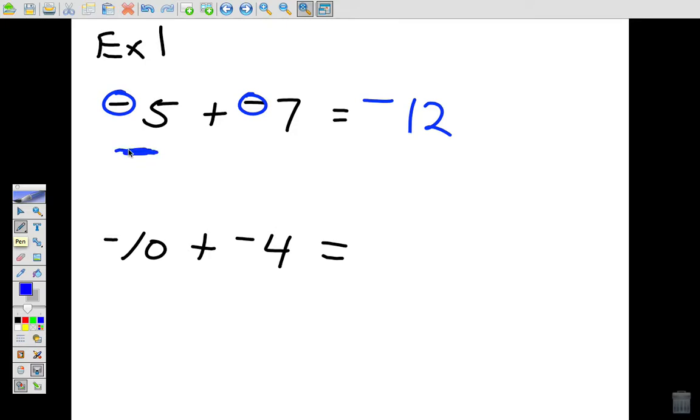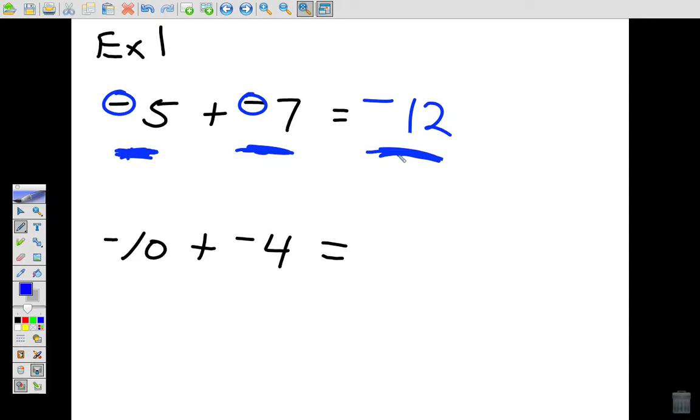So if the temperature drops 5 degrees, which would be at a negative 5, then it drops 7 more. Well, the temperature now is 12 degrees below 0. So we were at 0, it dropped 5, so we're now at a negative 5. Then it drops 7 more. That's a negative 12.